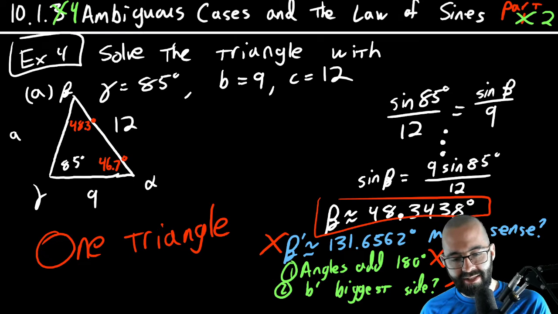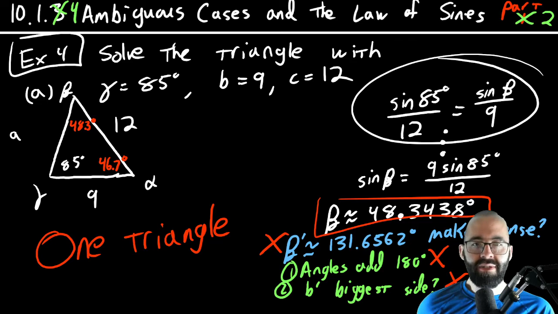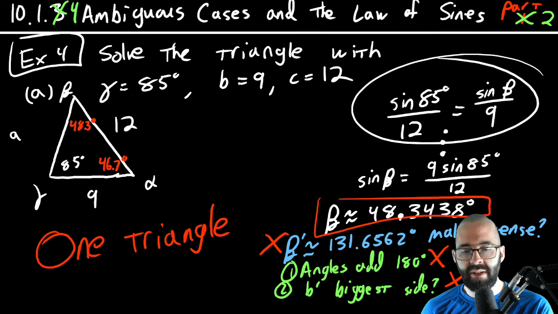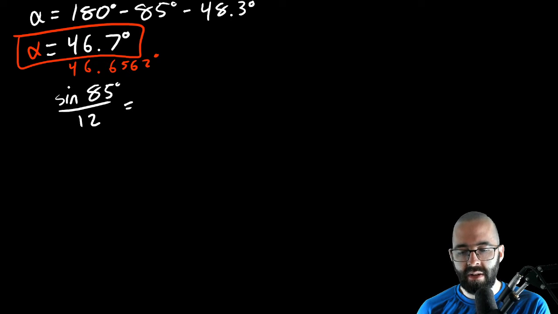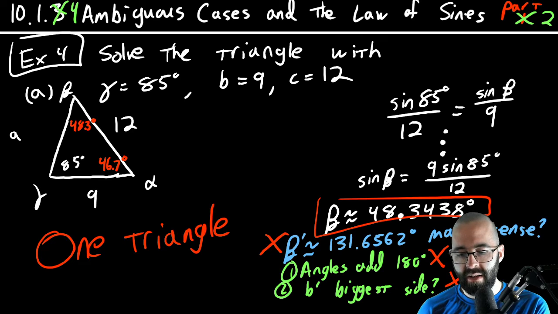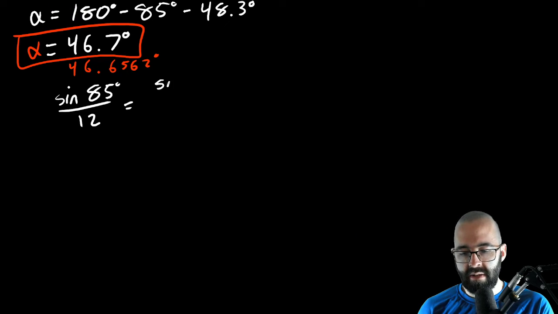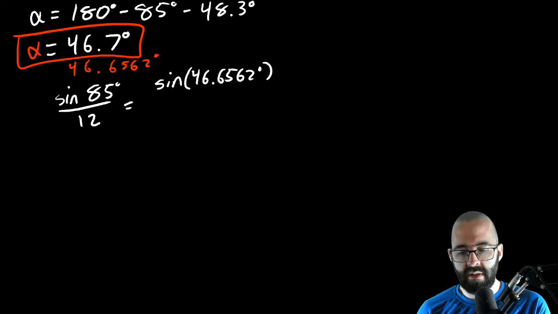So again, we're going to use the same pair for the law of sines, 85 degrees and 12. Sine of 85 degrees over 12. But now, for the second pair, we choose alpha, which we know, and A. Sine of alpha, 46.6562.